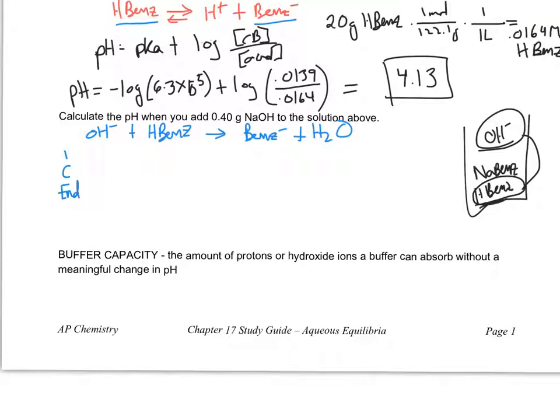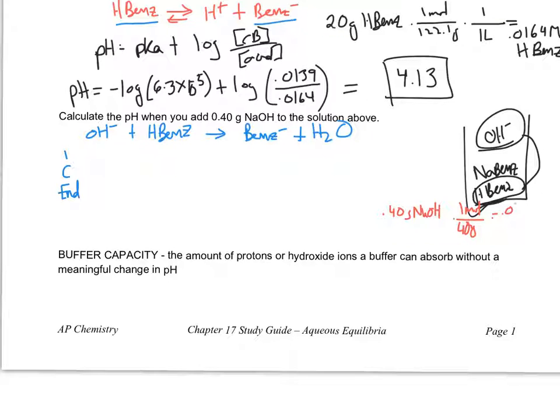So I need to figure out that 0.40 grams, what molarity that would be. So I'm going to change that on the side here. I have 0.40 grams of NaOH. 1 mole is 40 grams.